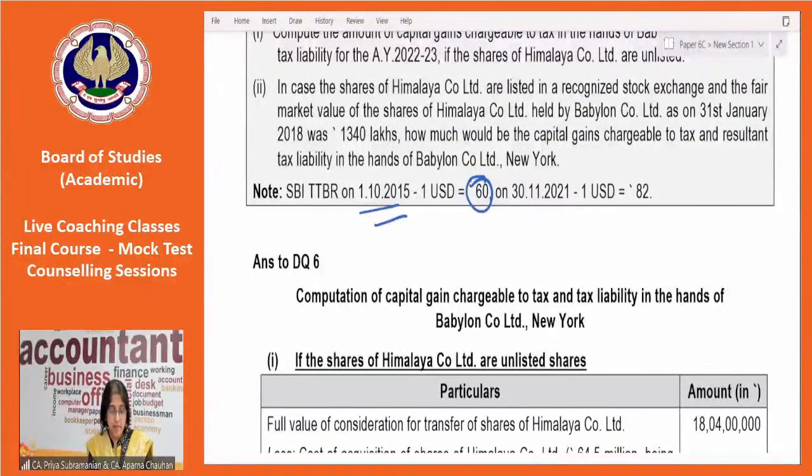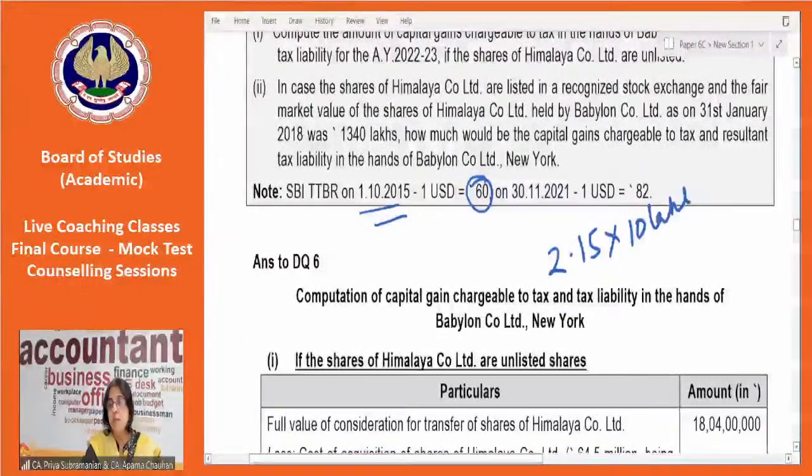Okay, 2.15 million into 60 into 10 lakh I have to do. That's how I convert it. And divided by 2 because only 50% is selling it. Okay, so it's 645 lakh. So it's 2.15 into 10 lakh into 60 rupees divided by 2. That will give you 645.